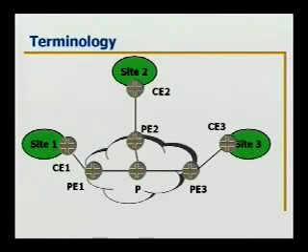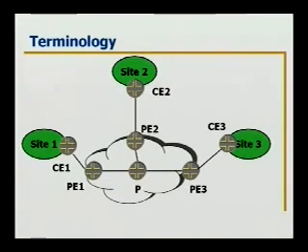So let's take a look at the terminology for this model. We have 3 customer sites, and on each customer side there is a customer edge router which connects to a router on the provider side. The customer edge router is called the CE router, and the router on the provider edge is called the PE router. Now all the other routers in the provider's network are called the P routers.